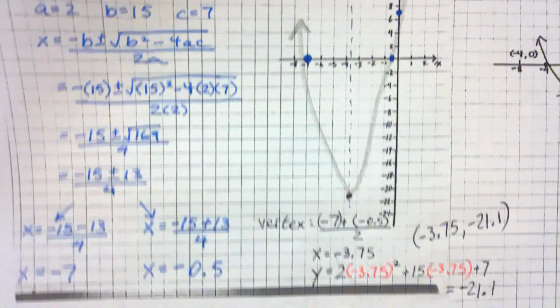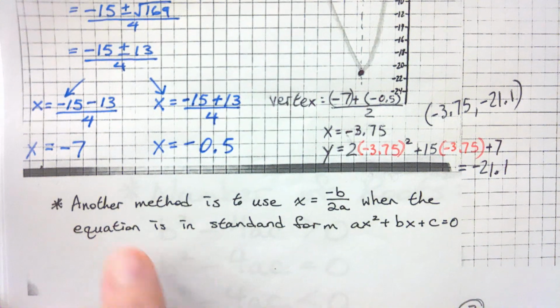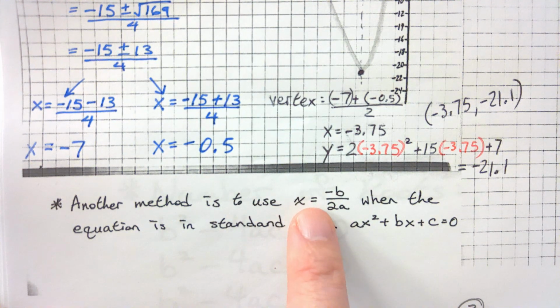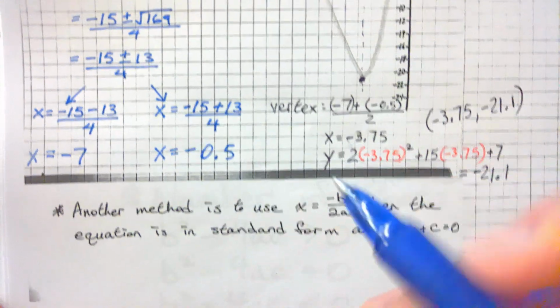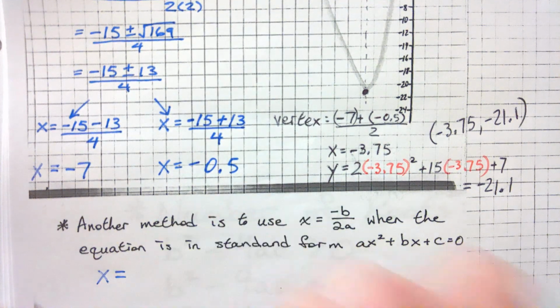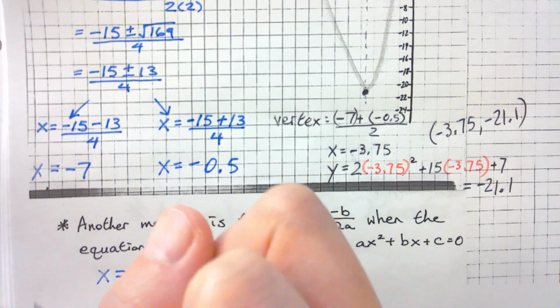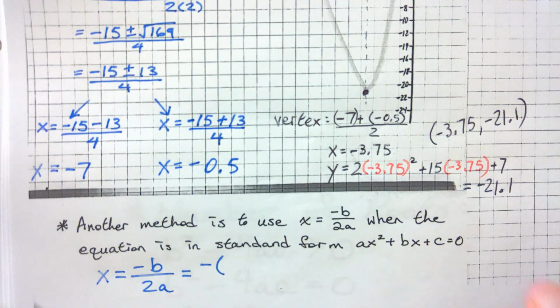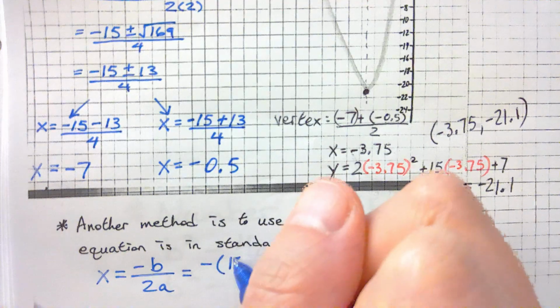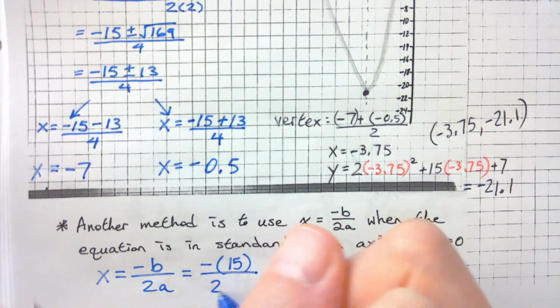Okay, there is a shortcut. Another method is you can use this when the equation is already in standard form. So negative b over 2a. What do we say b is? 15. What do we say a is? 2.